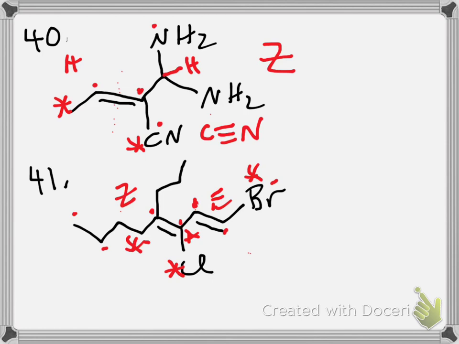Now if I do the parent, I've got 1, 2, 3, 4, 5, 6, 7, 8. And I'm numbering 1 where it is because that's where the first carbon-carbon double bond and the first substituent are.